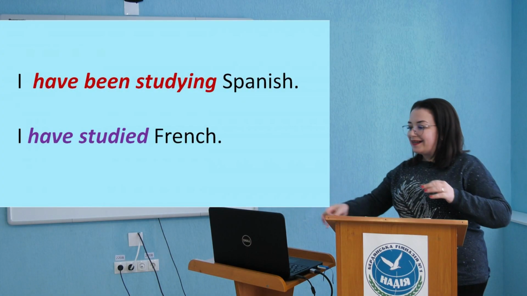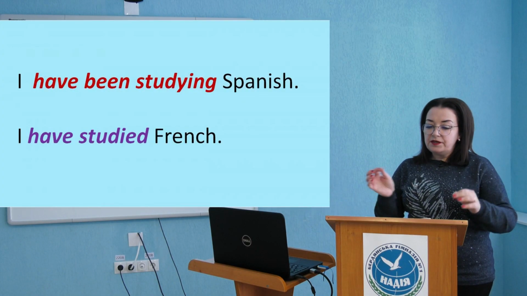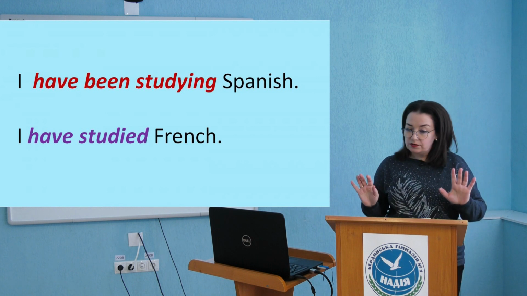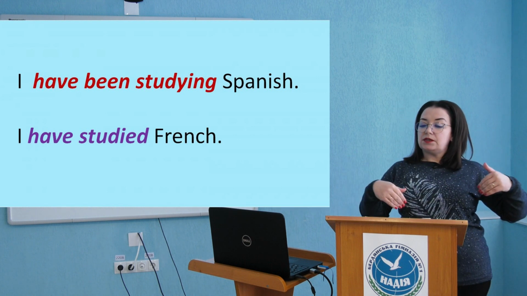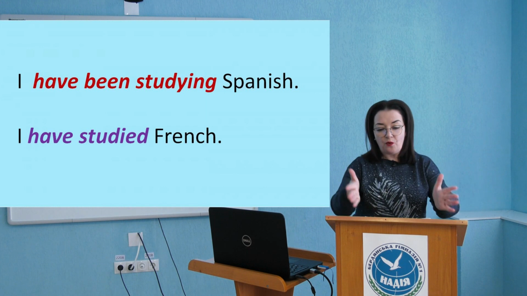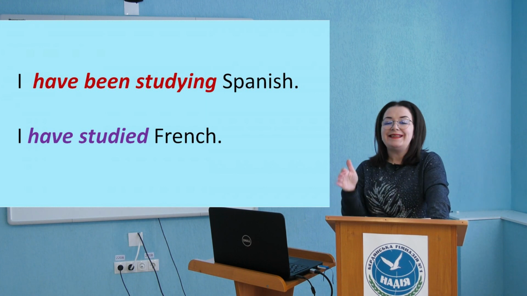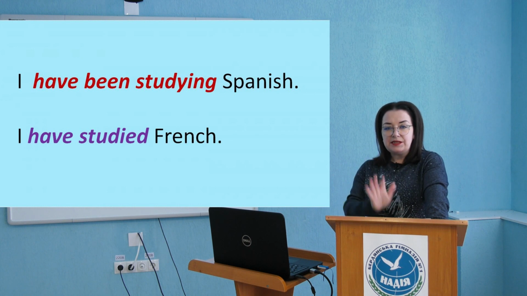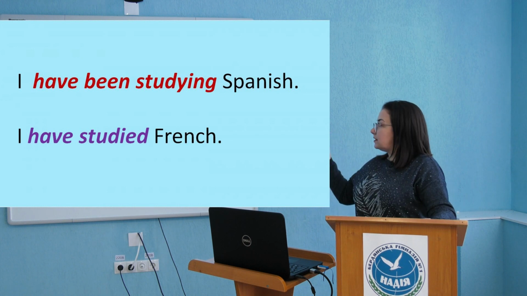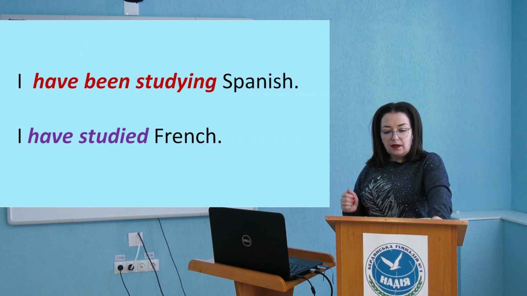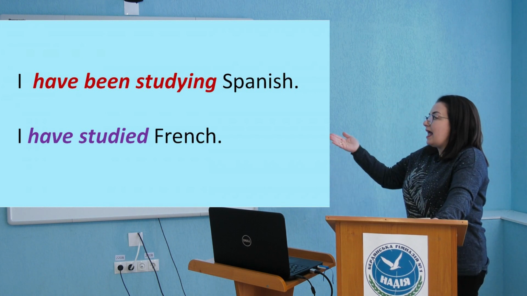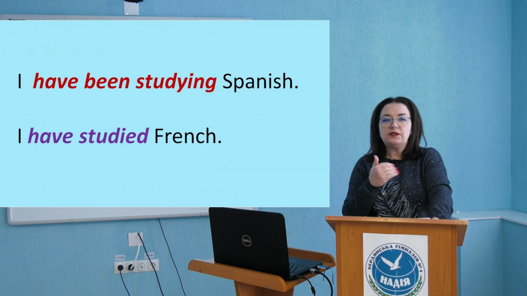I have been studying Spanish. This is an unfinished action, you see? I'm still doing it. The continuous form makes it clear that the action is still happening. I'm still studying Spanish at the moment. And another example, I have studied French. What's the difference?